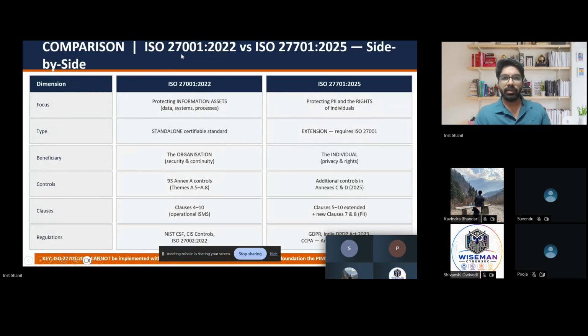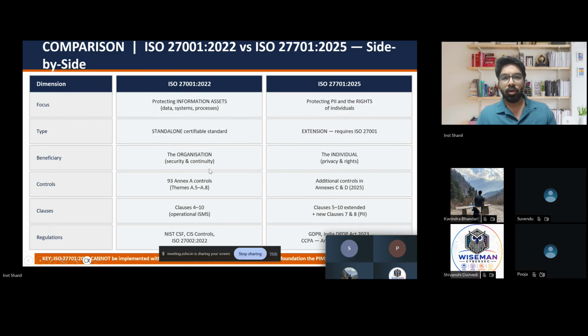Comparison between ISO 27001 versus 27701. The focus: 27001 talks about protecting information assets, which include data, systems, and processes, whereas ISO 27701 talks about protecting personal information and the rights of individuals. Type: 27001 is a standalone certification, whereas ISO 27701 is an extension to ISO 27001.